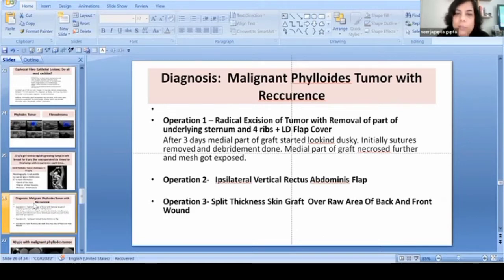The first one being radical excision of the tumor with part of the underlying sternum and 4 ribs because it was stuck there, and a LD flap cover was done. Unfortunately, after 3 days, the LD flap started becoming gray and the mesh got exposed after its necrosis.